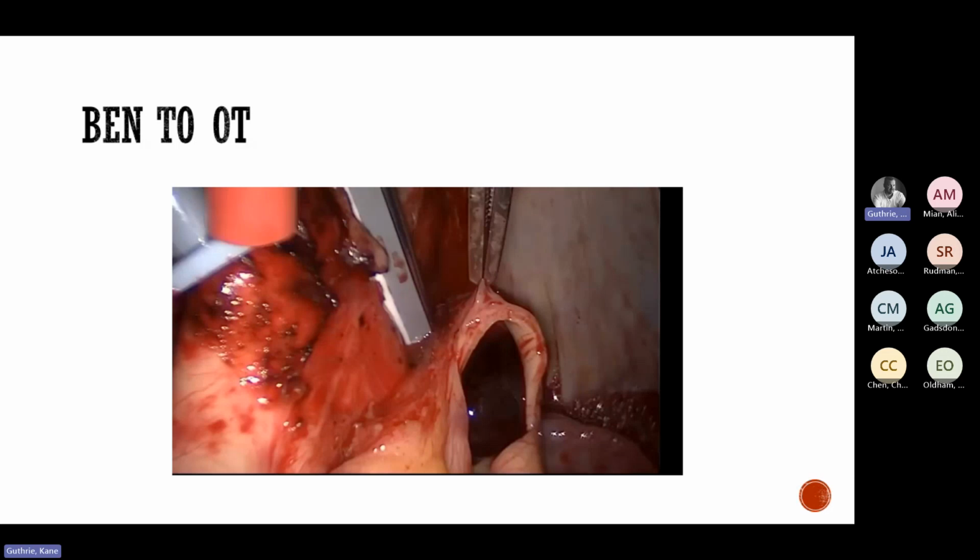So we get Ben off to operating theatre after we thrombolyze him. He's still not improving.